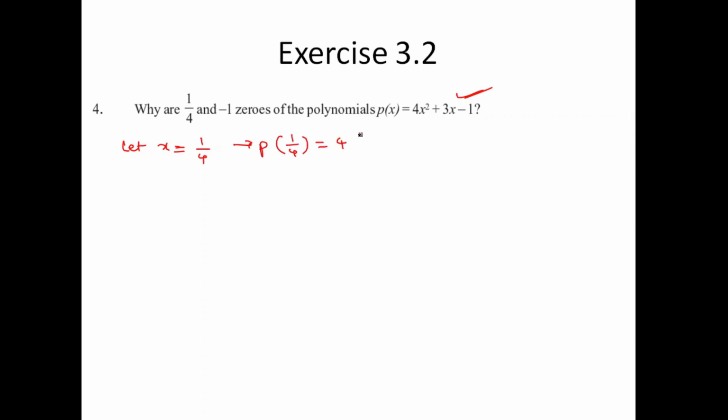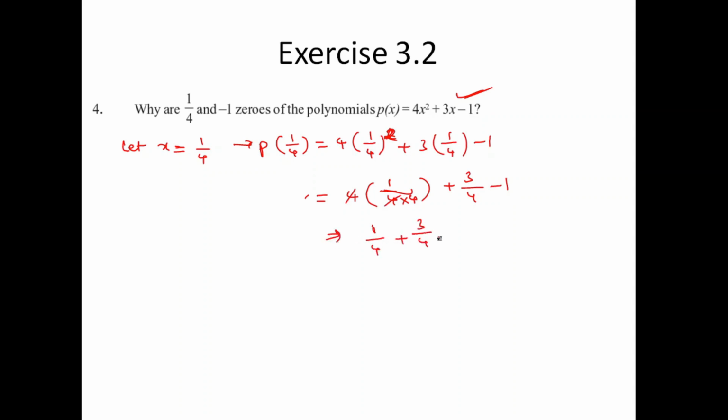I'll be getting 4 into 1 by 4 to the whole square plus 3 into 1 by 4 minus 1, right? So when I'm solving this one here, 1 into 1 by 4 into 4 can be written over here, plus 3 by 4 minus 1. The 4 and the other 4 are cancelled out. So now I'm left with 1 by 4 plus 3 by 4 minus 1.